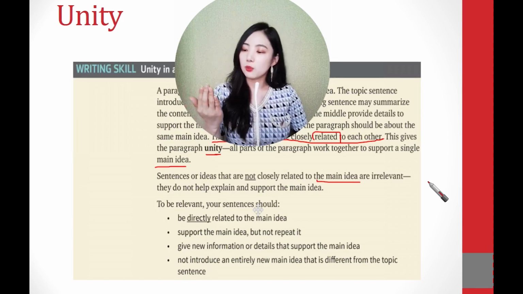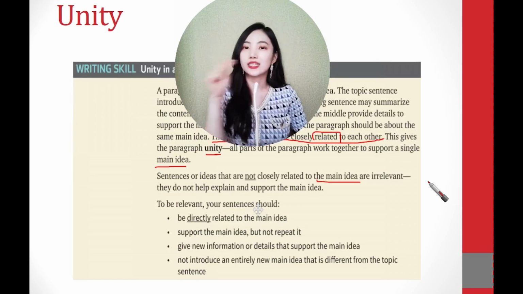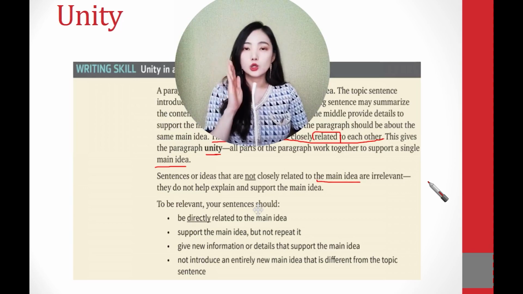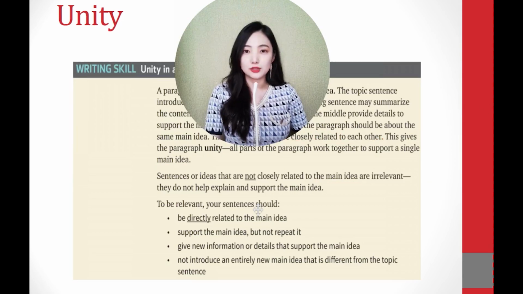And I'm checking the supporting sentence. Is this related to the thesis statement? No, this is actually not relevant. That means you should omit, delete, erase that sentence. So if there are sentences that interrupt or break your unity, then you should not include that sentence. Okay, so unity is very important in your essay.